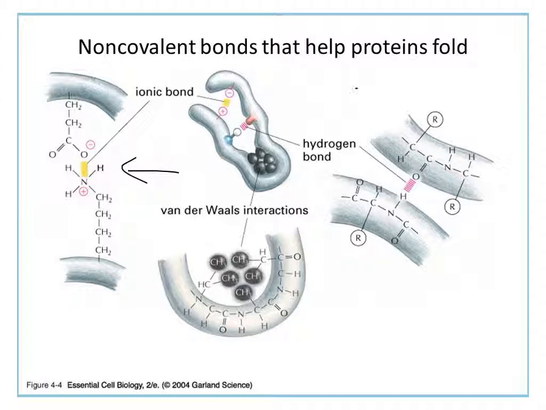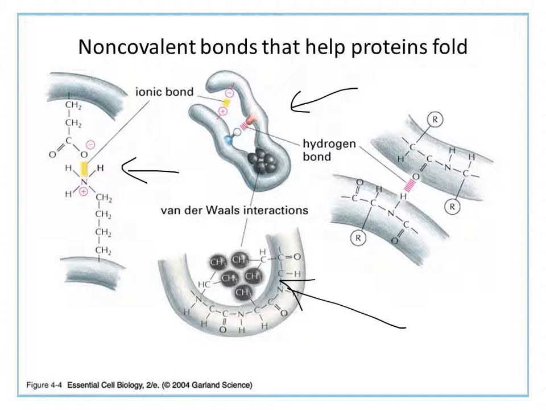Ionic bonds, hydrogen bonds, van der Waals forces, and ultimately many of these different types of non-covalent bonds are going to be required to completely stabilize a protein. And proteins do take on a final state that's its lowest energetic state, and usually is going to maximize those different types of non-covalent bonds that can form.